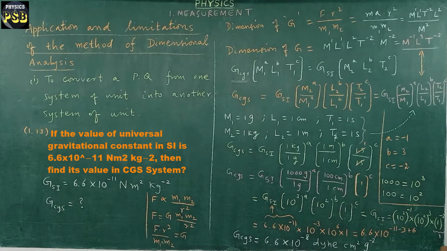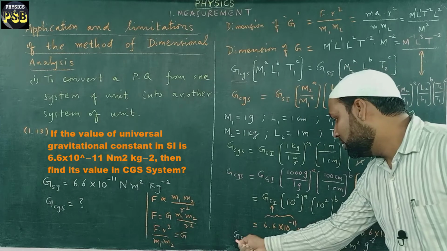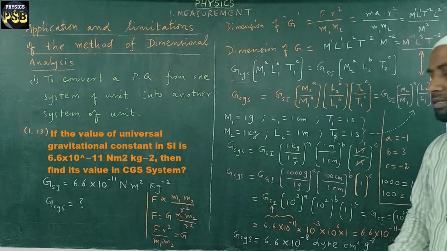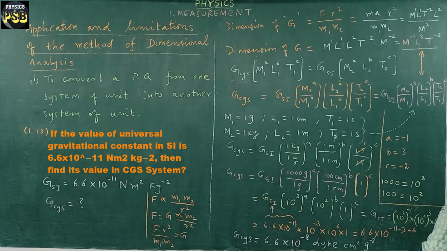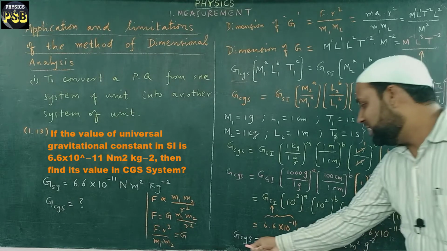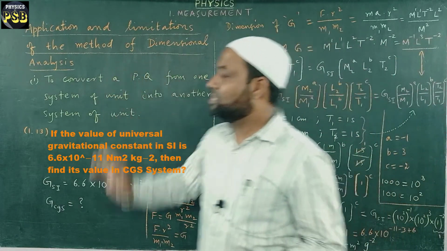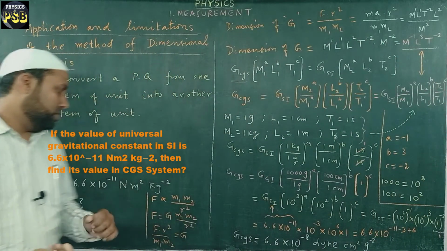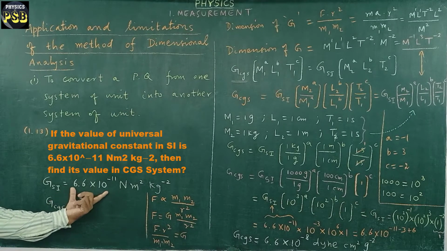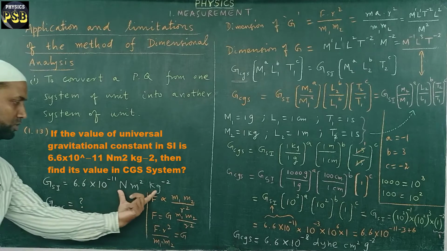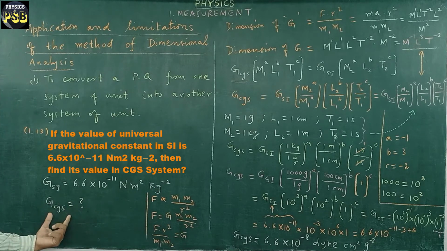This is the final value that gives us the value of G in a CGS system. This is how one can use a dimensional analysis method to convert the value of a given quantity from one system of unit to another system of unit.